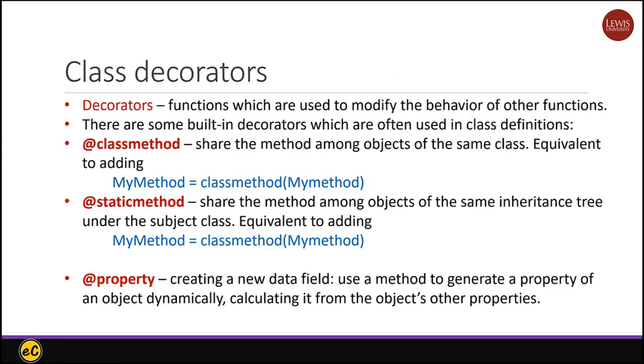So the next one is the decorator. A decorator is a function generator. You're kind of overloading the function. Here we have a decorator called classmethod, which automatically makes the method a class method.